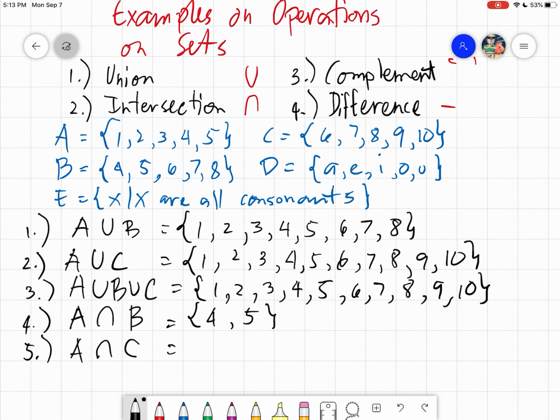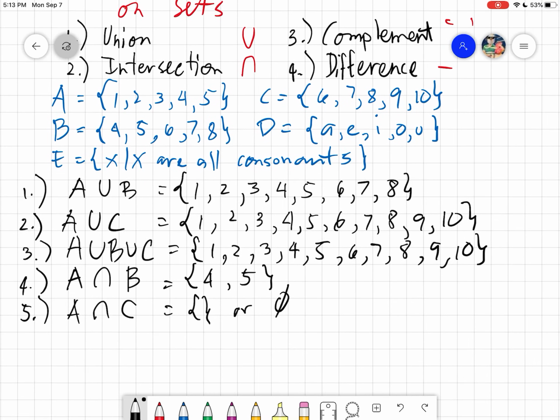If you notice, there are no similar elements between A and C. Therefore, if there are no similar elements, the set that has no elements is called the null set. And this would be your answer: an empty braces, or a circle, or a 0 with a slash. That is the symbol for the null set.